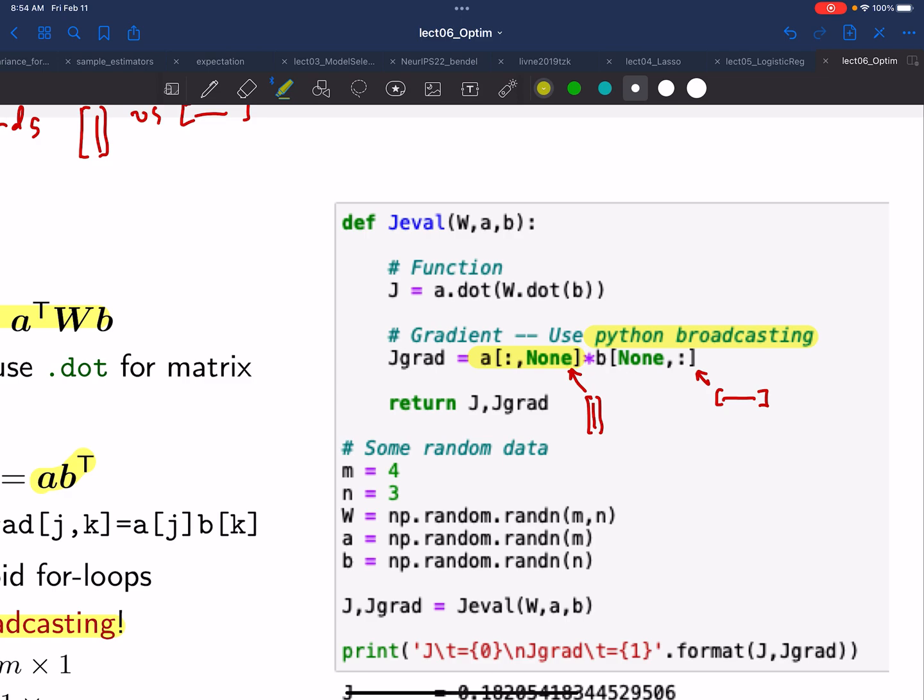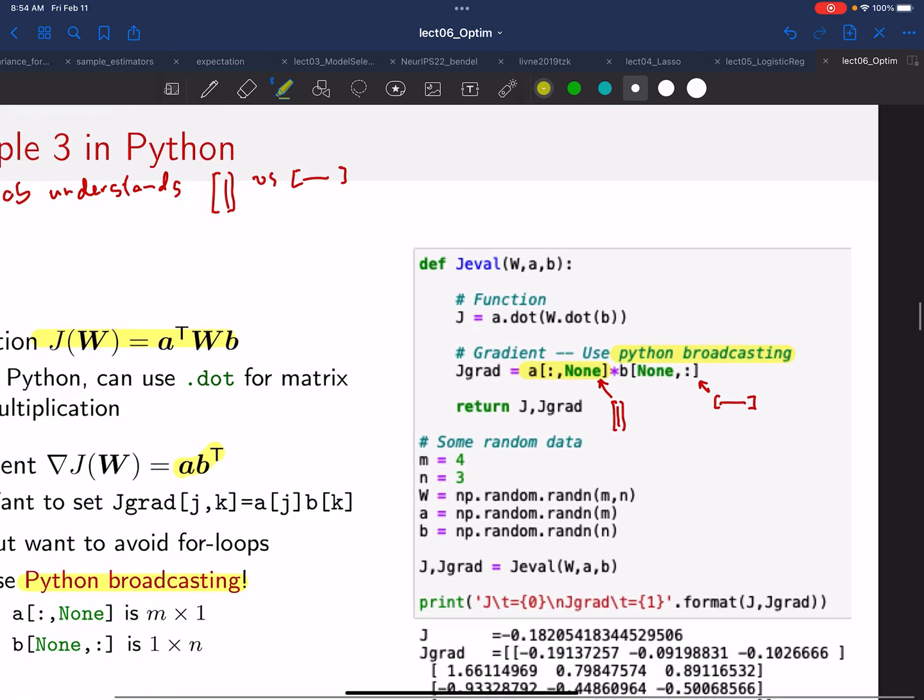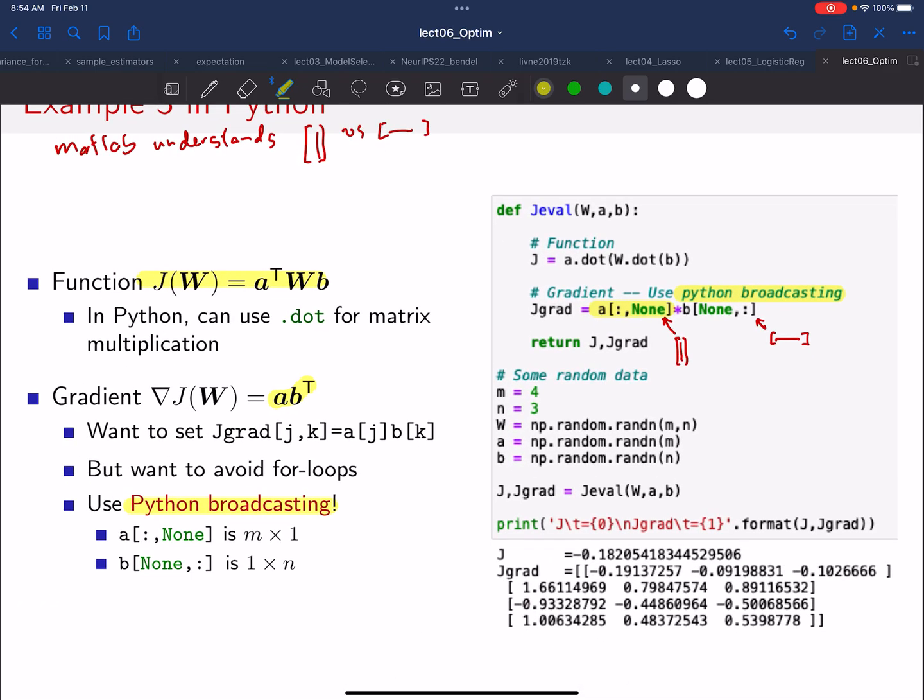If you didn't have this trick, you'd need to build stuff in for loops. And when you write things in for loops, the code is very slow, especially as things get big. So this is a very fast way of implementing it in NumPy. So anyway, that's how we're doing this. We're implementing this part using these dots, and then we're implementing this using Python broadcasting.